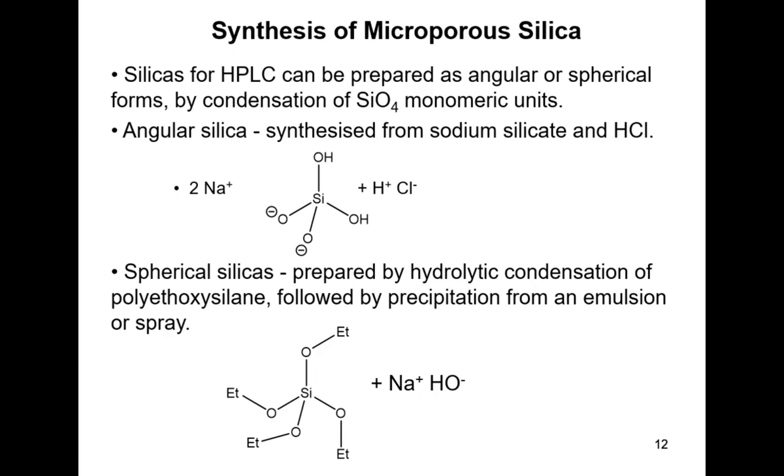So that'd be your first intermediate, and then you can just repeat the process. Another molecule would react with the hydroxide and come in and replace the ethyl groups, and so on.